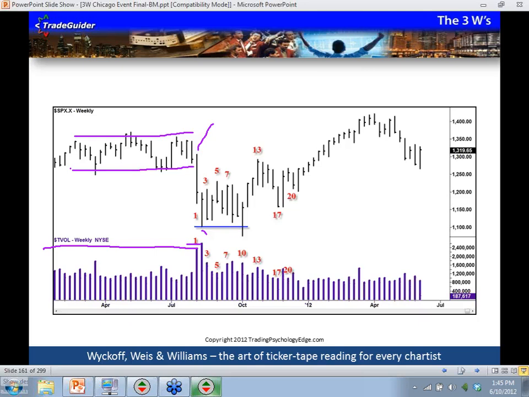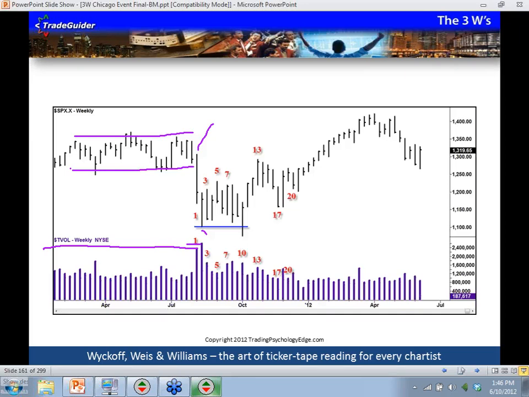What else do we see here in terms of activity and in terms of the character of this bar that's a clue for us? Closes near the top, so it ends up buyers came into the market. But what else is significant?